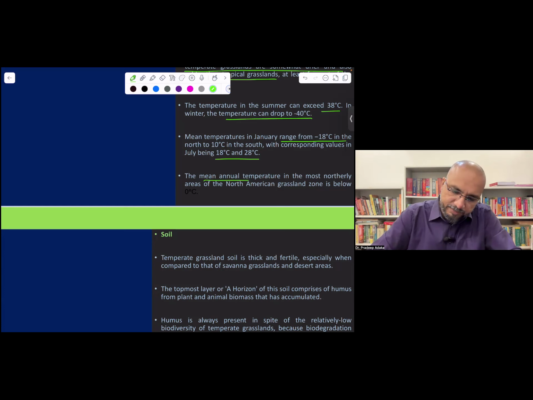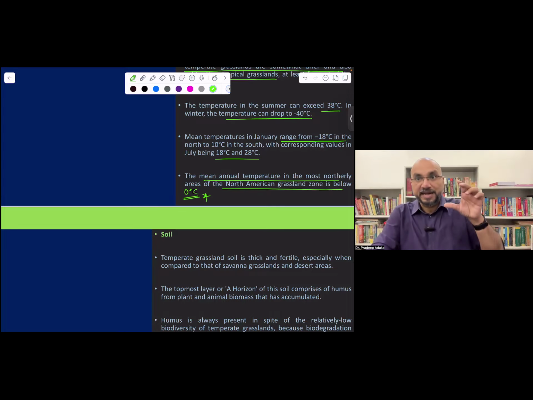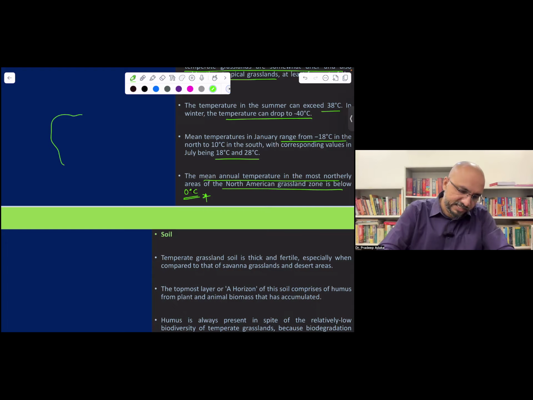Mean annual temperature in the most northerly areas of the North American grassland zone is below 0 degrees Celsius. In the prairies, the northern part is in Canada, so it is very cold there. Suppose the grassland stretches like this; we are talking about the northern region and southern region.